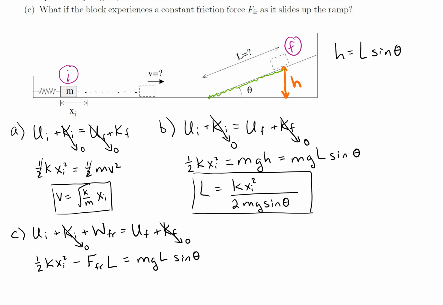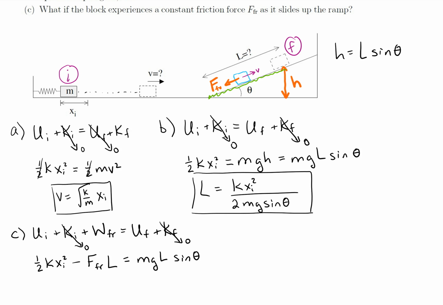Another way of thinking about it is that as the block moves up the ramp here, it's moving this way, but the frictional force is acting that direction. So when the force and the direction of motion are opposite, then the work is negative.